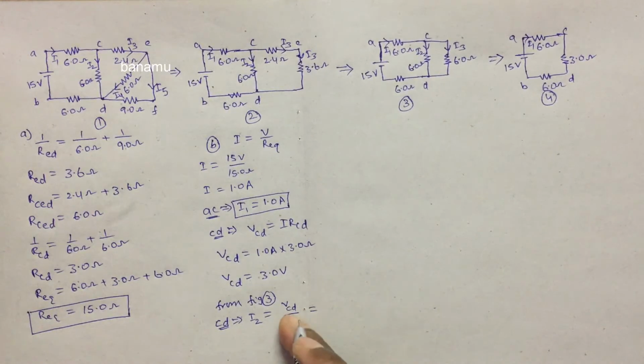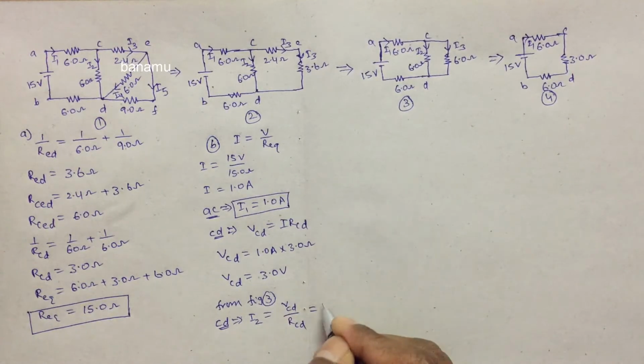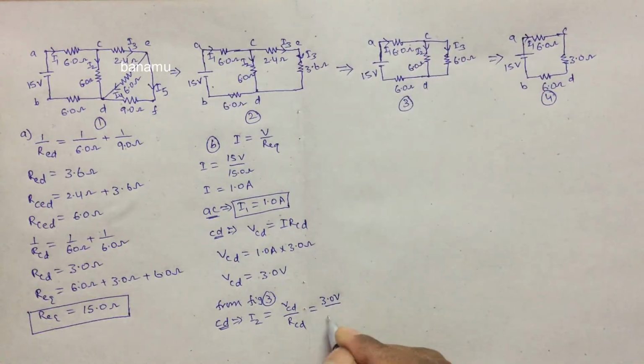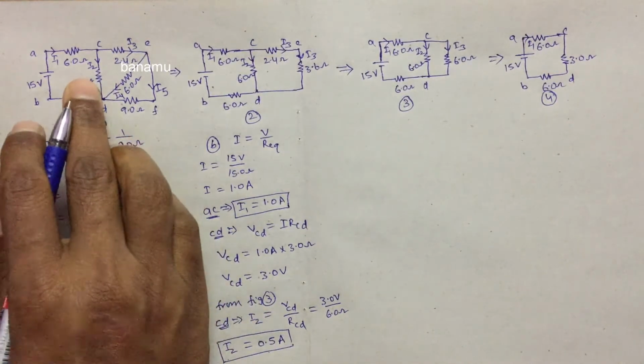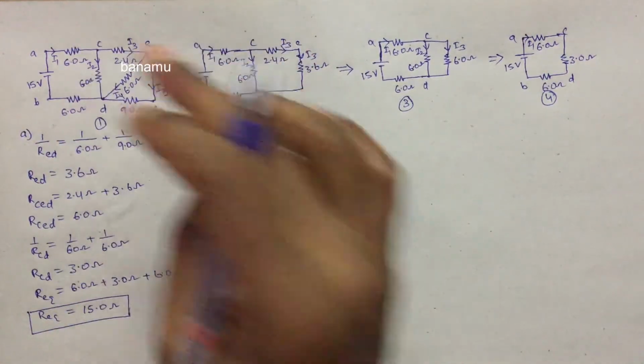VCD is 3 volts and RCD is 6 ohms. So I2 is equal to 3 by 6, that is 0.5 amperes. This is the current through the 6 ohm resistance between the points CD.